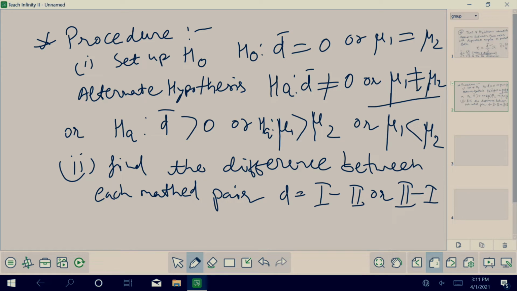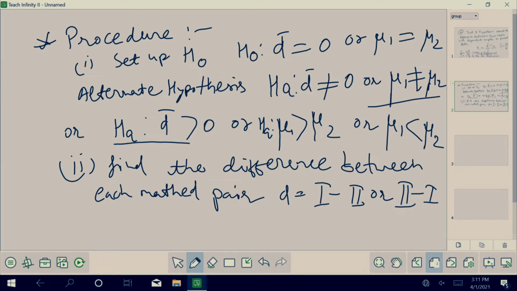And in some questions, there may be a greater than symbol, or some less than indication in your statement, then your hypothesis will be like this, meaning your mean difference is greater than 0, or you can write it like this also, alternative hypothesis, mu1 is greater than mu2, or it can be mu1 is less than mu2.